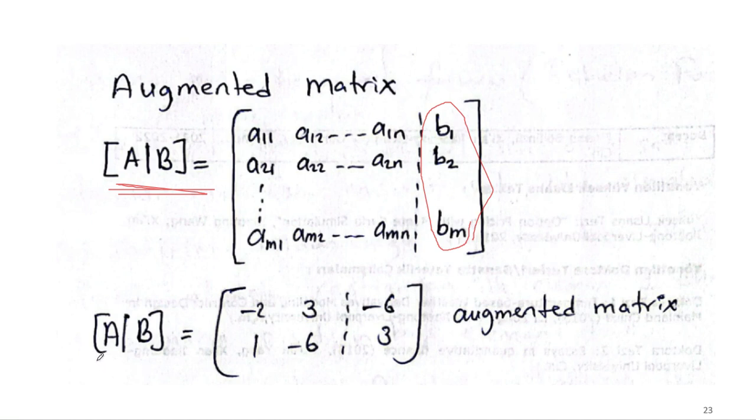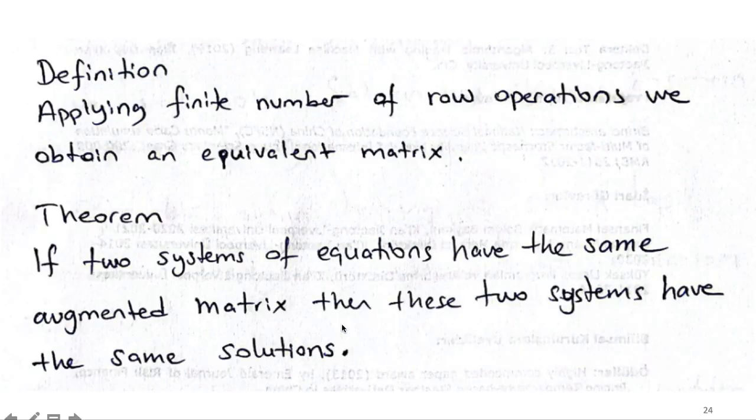Another example, this is also an augmented matrix. We have the coefficients minus 2, 3, 1, minus 6, and then these are the right-hand side values that are captured together in the same augmented matrix representation.